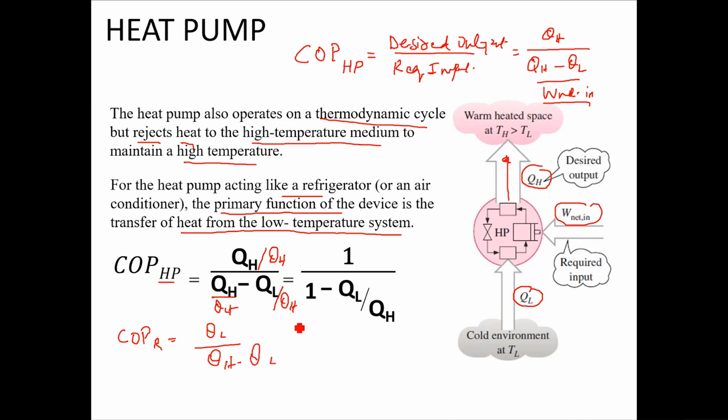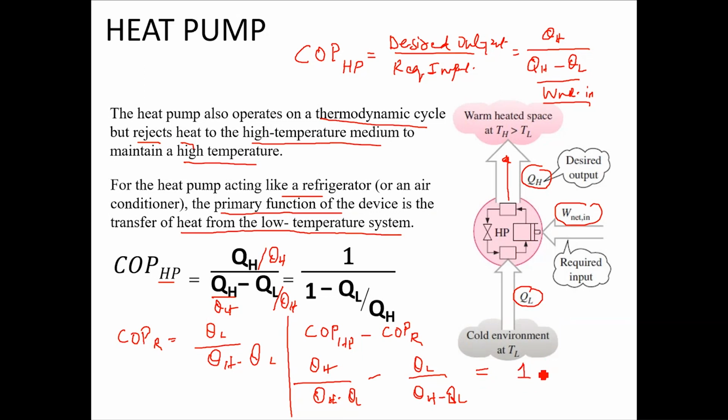So if I say that COP of heat pump minus COP of refrigerant, this would essentially become QH upon QH minus QL whole minus QL over QH minus QL. What will this be equal to? So 1. This would essentially become equal to 1.